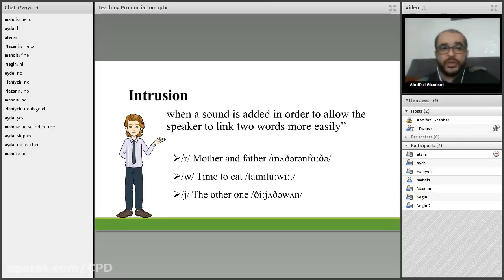The next one is intrusion. In intrusion, we add a new sound. We add a new sound to allow the speaker to link two words more easily. For example, mother and father.